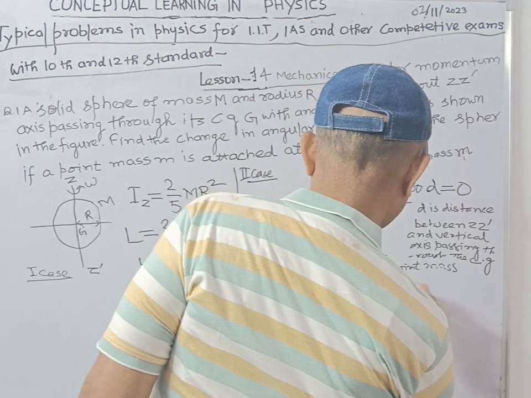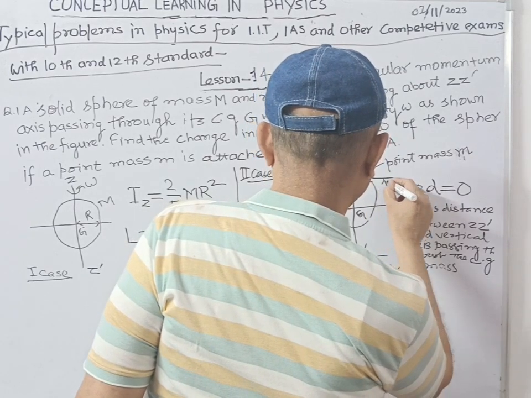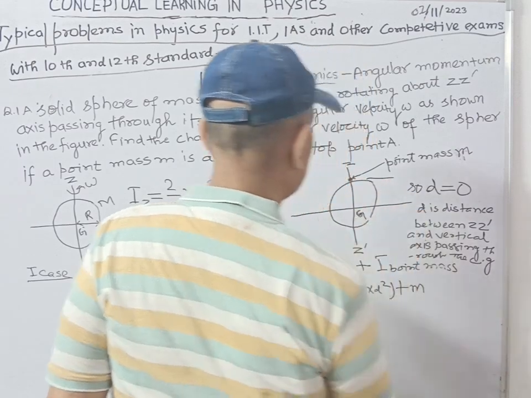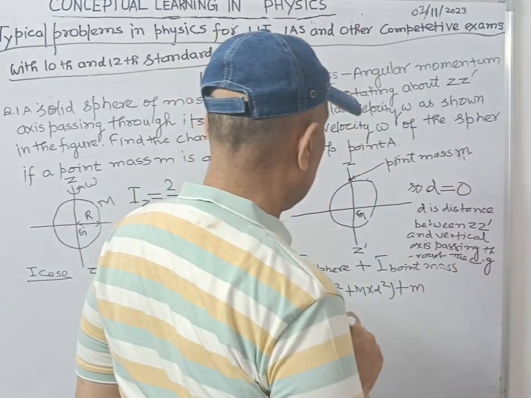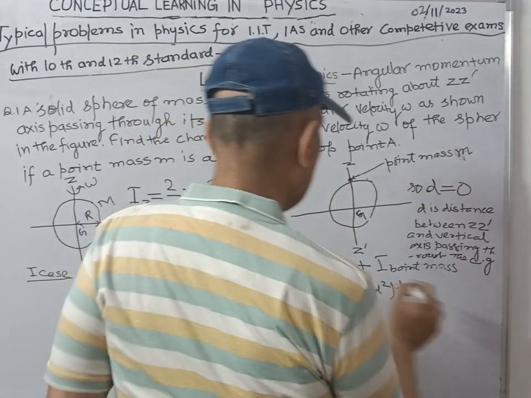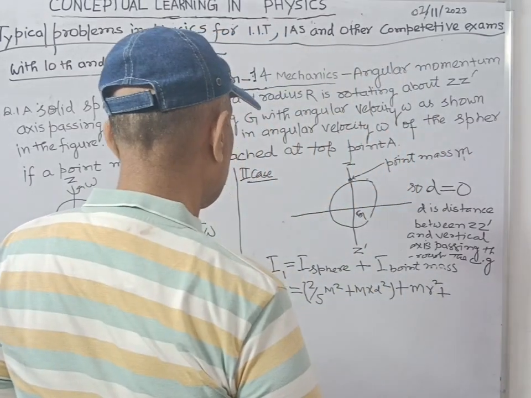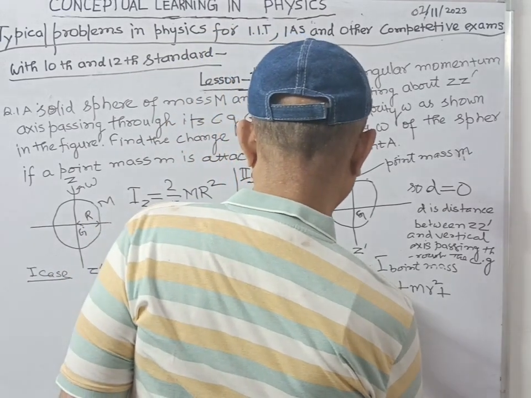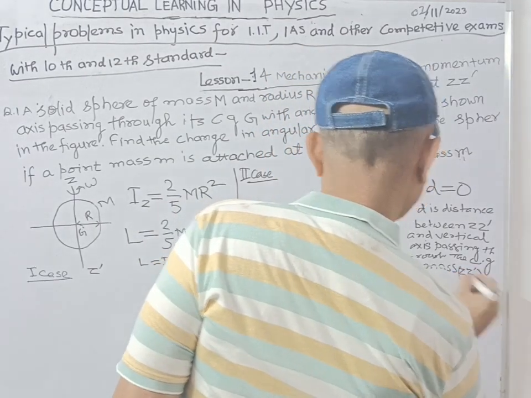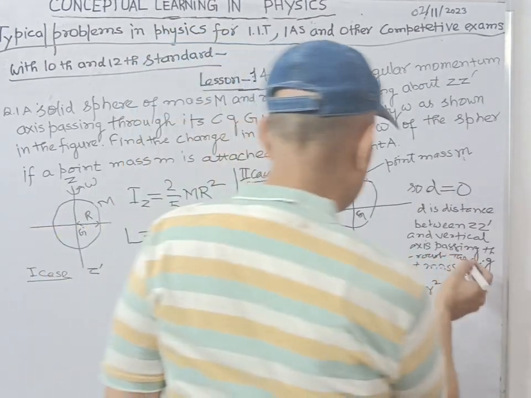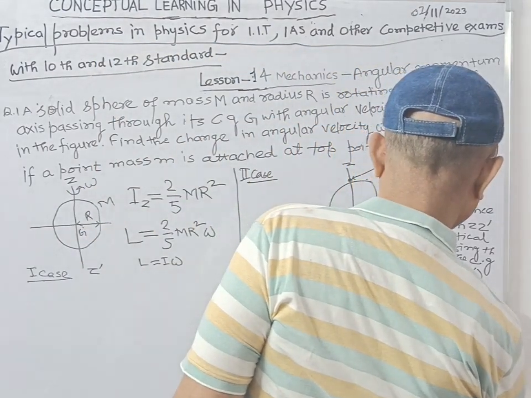Plus I point mass, m into its dimension r, r square, it is also about z', plus m into d square.